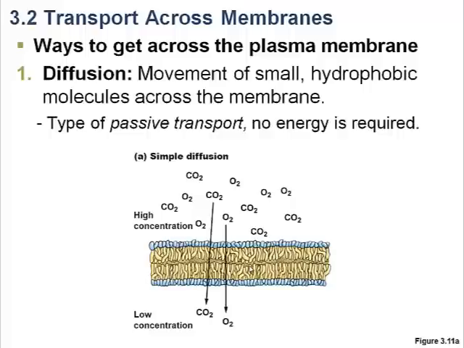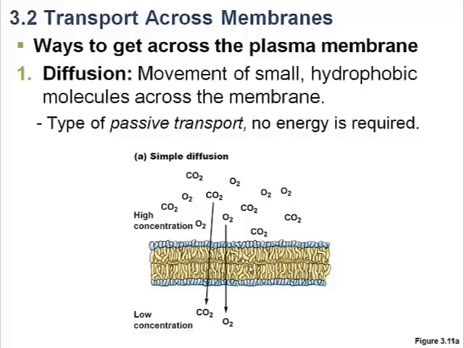Interestingly, when we think about things that can and cannot cross the plasma membrane, we have to think about two different criteria. One is, we have to ask, is the molecule hydrophobic, water-hating, or hydrophilic, water-loving? If a molecule is hydrophobic, then there's a good bet that it will be able to cross that plasma membrane.